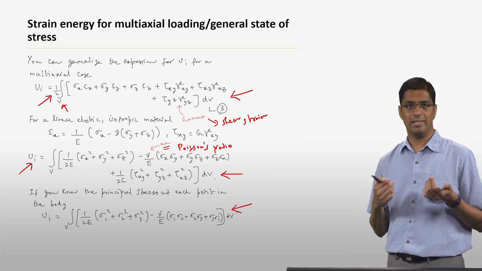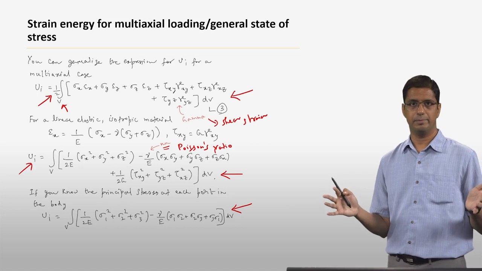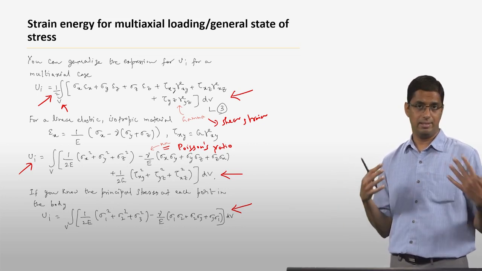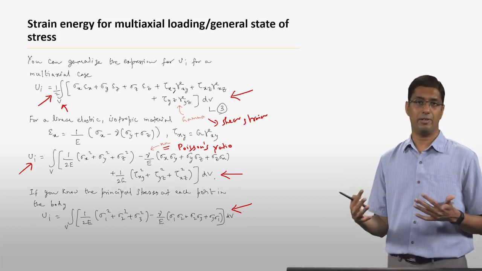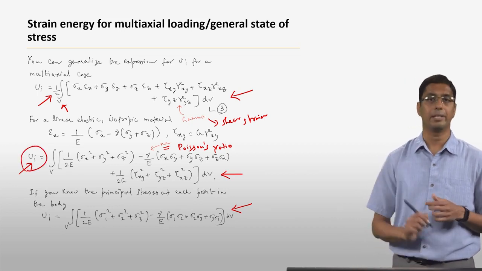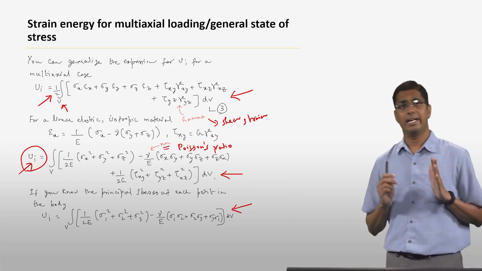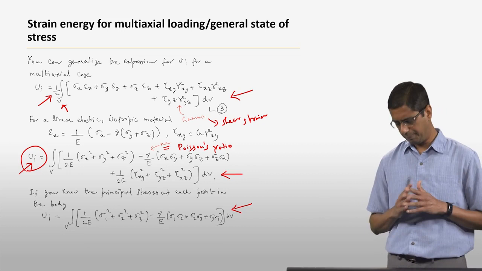The one thing that is helpful here is that all the shear stresses go to 0, because on a principal plane the shear stresses are equal to 0. But it's just another way of writing this expression for Ui, nothing more. So this is the strain energy in the case of multi-axial loading or a general state of stress.